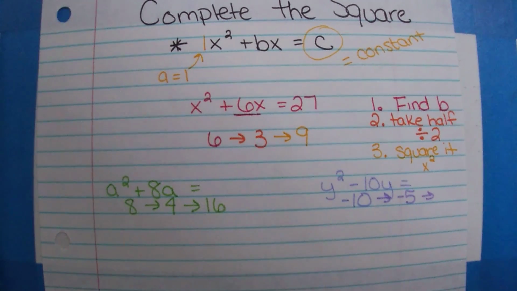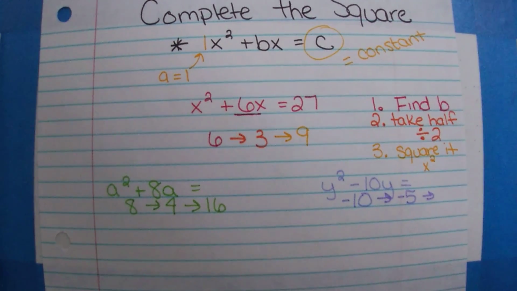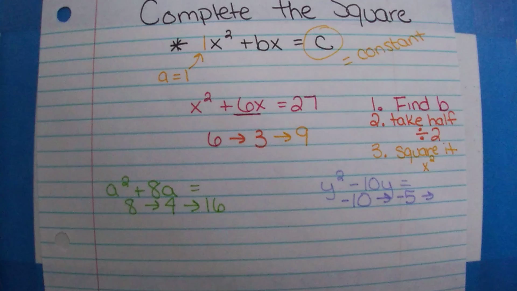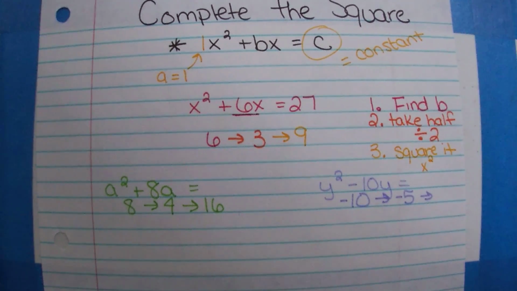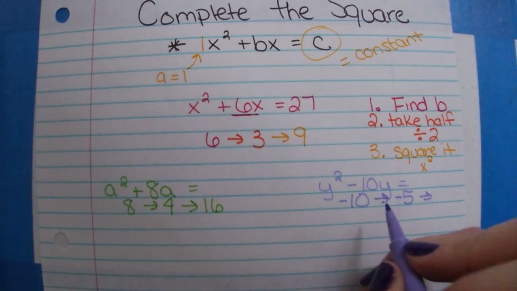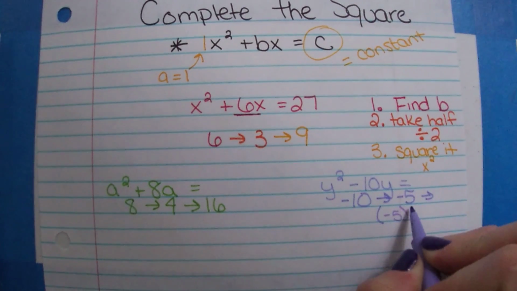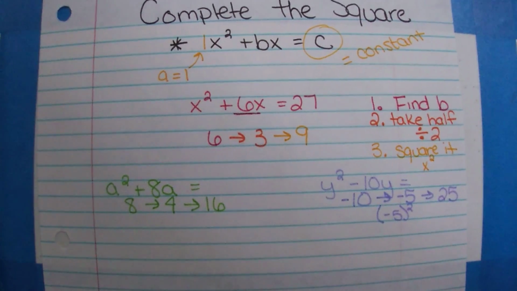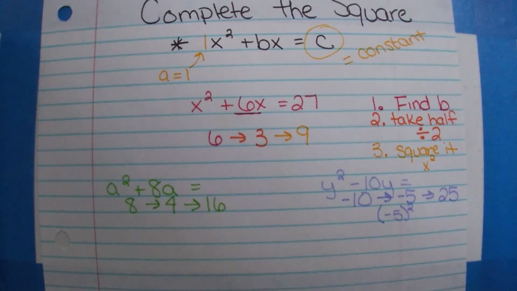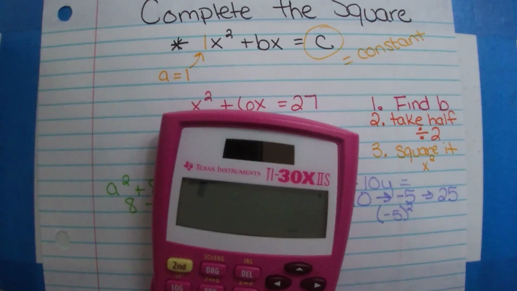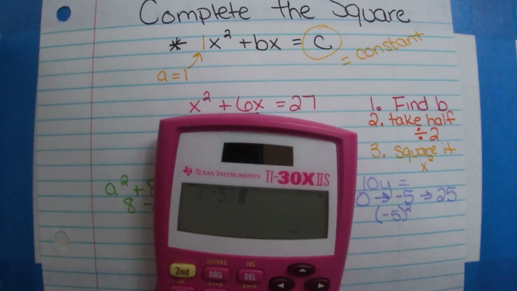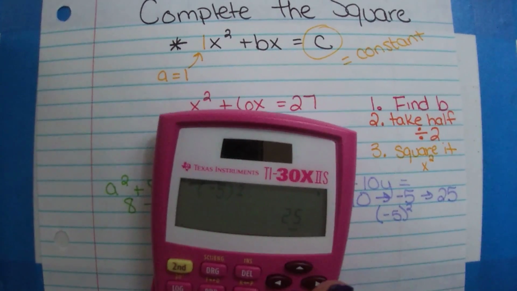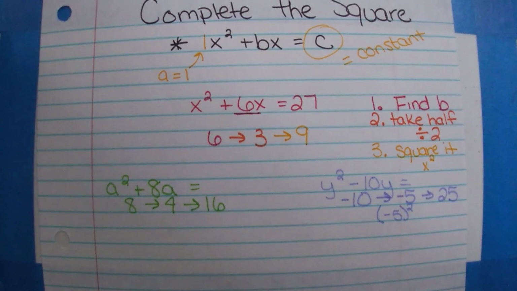Now, if you are using your calculator and you want to do negative 5 squared, you have to make sure you are putting the parentheses in, which means in your calculator, you need a parenthesis negative 5 squared, which will give us a positive 25. Right? So in your calculator, if you're typing that in, you're going to do parenthesis negative 5 close parenthesis squared to make sure you're getting that sign correct.